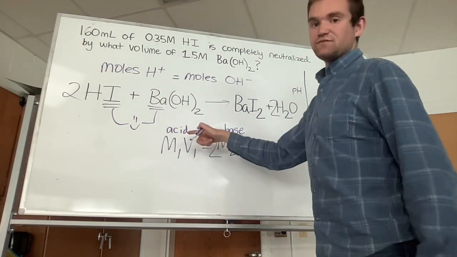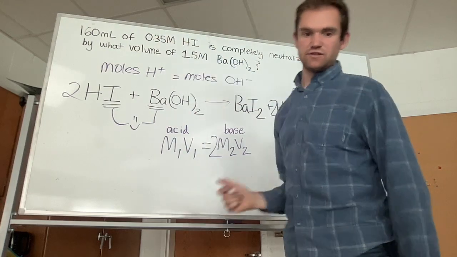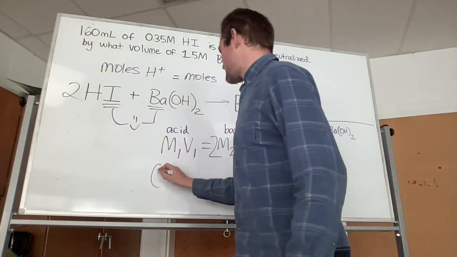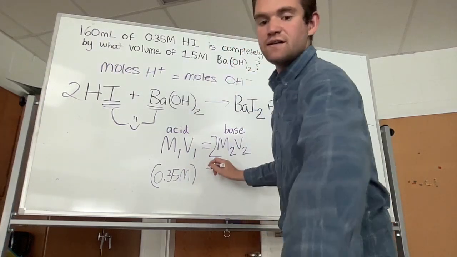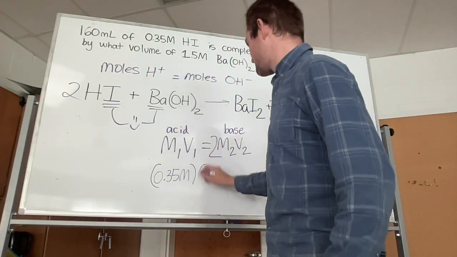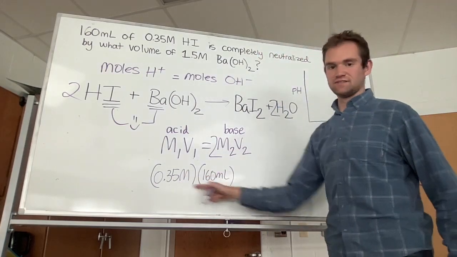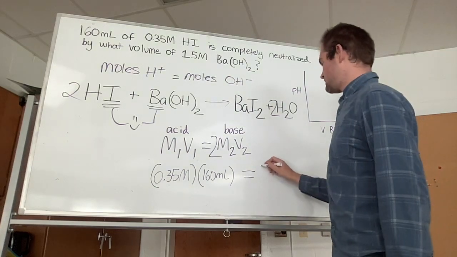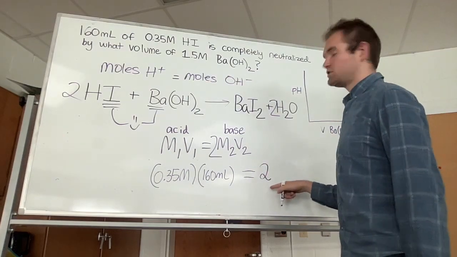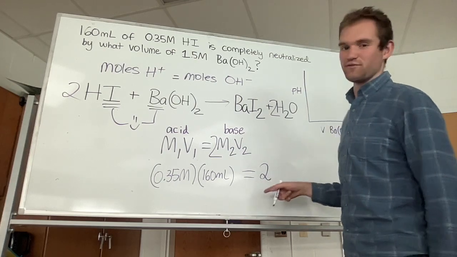So my acid volume here is 160 milliliters. My acid concentration is 0.35, so this is 0.35 molar, times 160 milliliters. This is my acid. Now let's do the base. Equals 2, because I'm doubling. You only double one, you don't double both. Don't double both the concentration and the volume here.